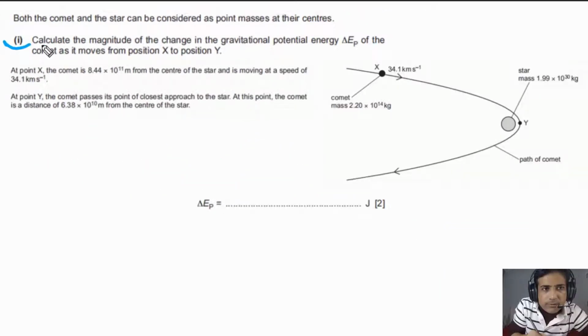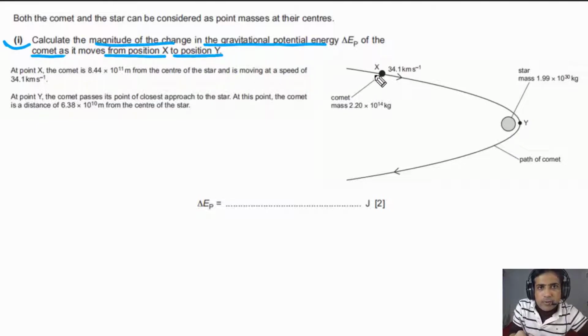For part B1, we need to calculate the magnitude of the change in gravitational potential energy of the comet as it moves from position X to position Y. Means when comet moves from this point to this point, what is the change in gravitational potential energy?